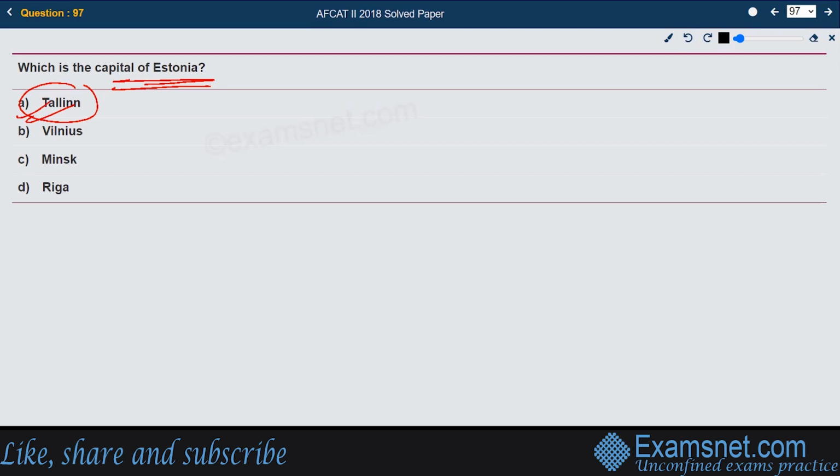Let us have some information about Estonia. After World War II started, Estonia was acceded to the Soviet Union in 1940.